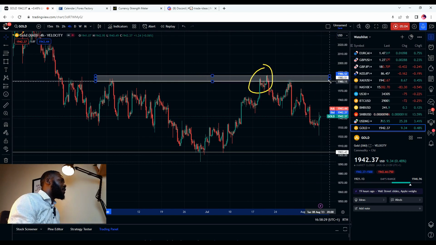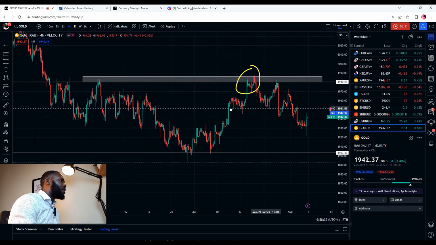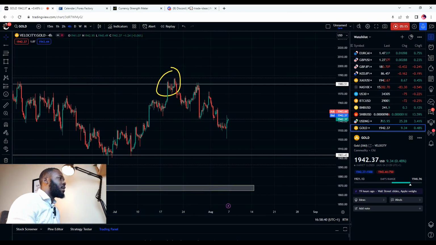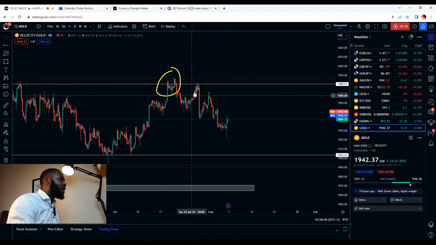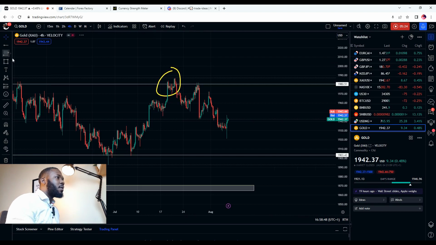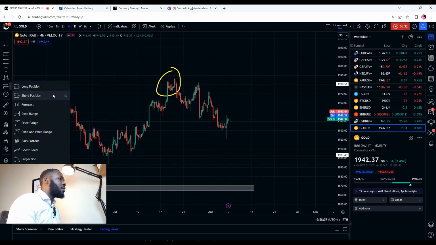Because if you're using the horizontal line and you're taking a trade, for example, right now, let me remove this horizontal line here. Let's say we are taking a sell trade here and we're waiting for the market to pull back here before we enter a sell. So let's say we set our pending order right here. The market is going up, so we are waiting for the market to pull up so we can sell from here.